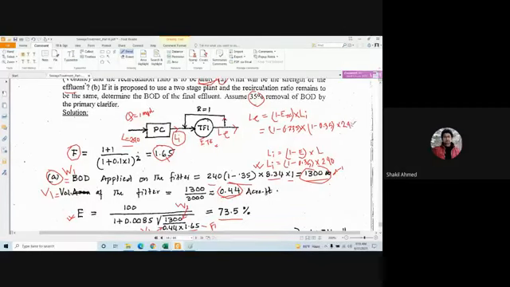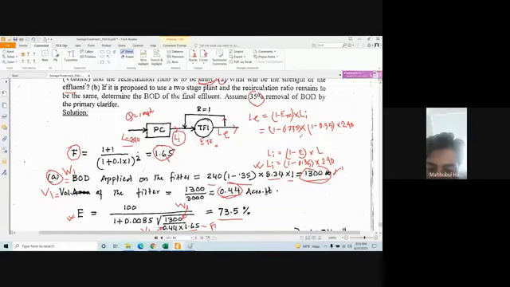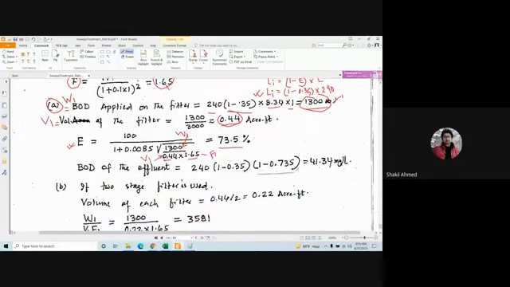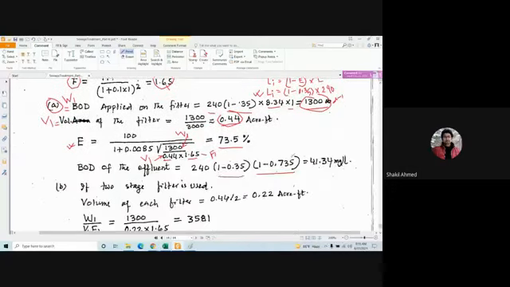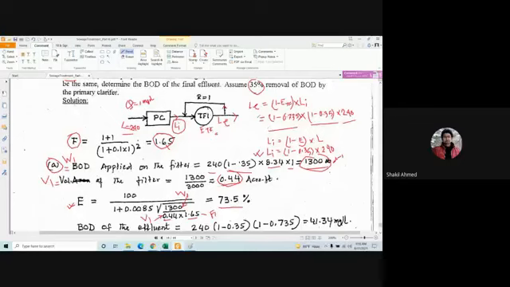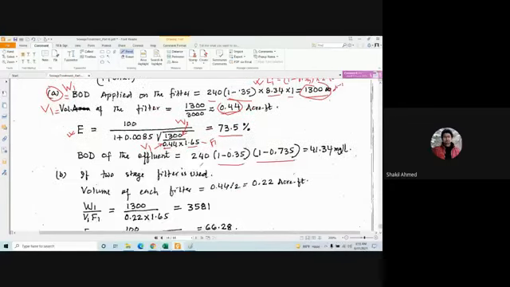Clear? So 1 minus 0.735 multiplied by 1 minus 0.35 multiplied by 240 gives Le, the effluent BOD, which is 41.34 milligram per liter.